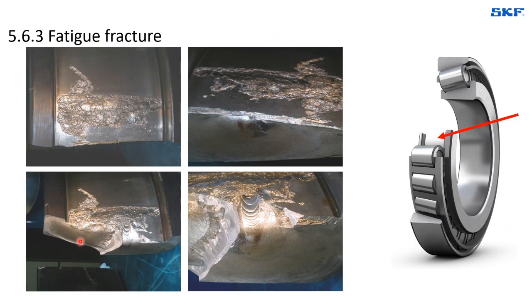We remove part of the broken ring, and then we see that the fracture started and was growing from the fatigue area until reaching a point of fast development where the fracture of the ring was generated. And we should never forget that the inner ring is the one that is most commonly exposed to heavy hoop stress, which is an added factor that will help the development of this type of fracture.